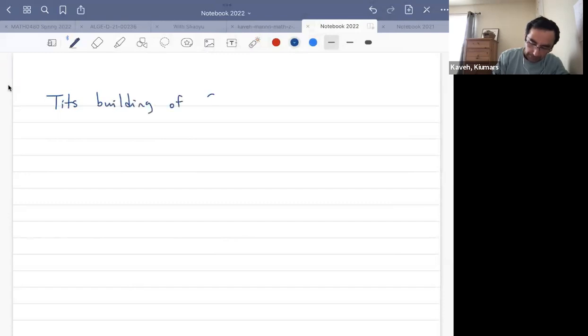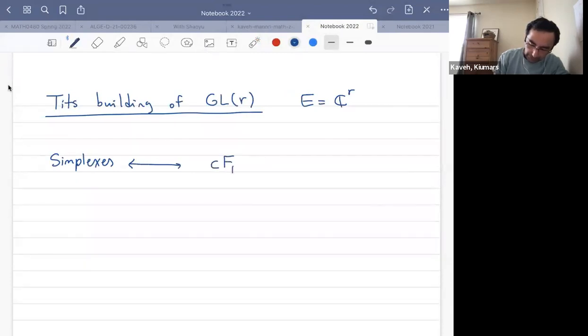Okay, now GL_r, which now is GL_n. So parabolic subgroups, or simplexes, correspond to flags of subspaces.